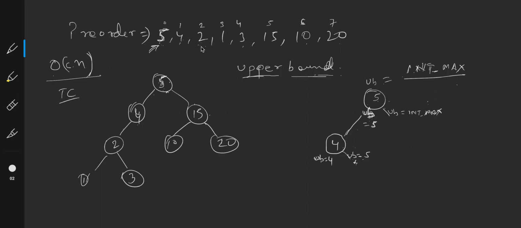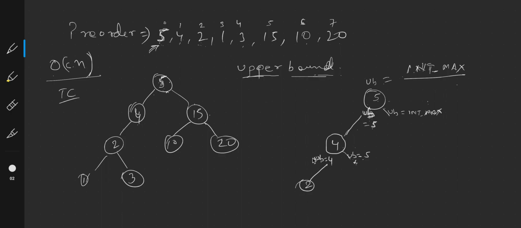Now the next element will come, 2. We'll check for the left subtree if 2 is less than upper bound 5, true. We'll come down, we'll check if 2 is less than upper bound 4, true. Now this is empty, so we'll just create the node.